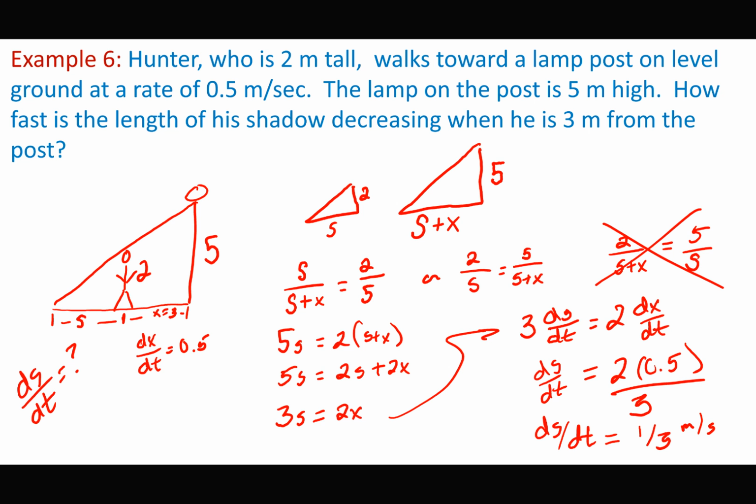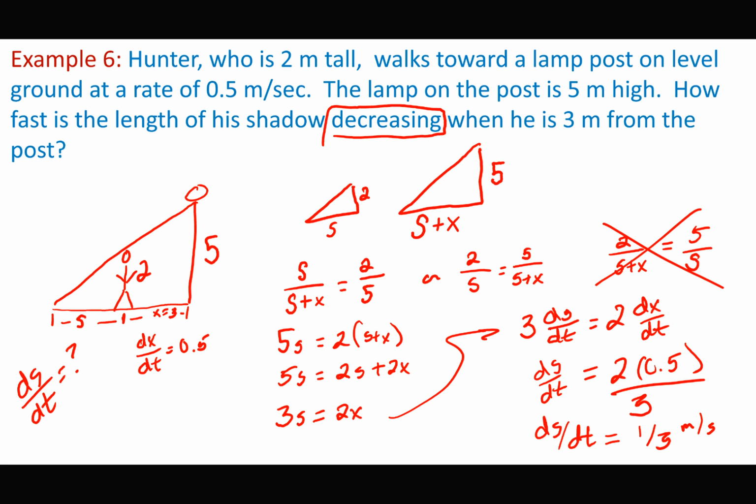Now, in context of this problem, pay attention to what they're asking. They are saying how fast is the length of his shadow decreasing. So on the AP test, you would say the length of his shadow is decreasing at a rate of 1/3 meters per second.